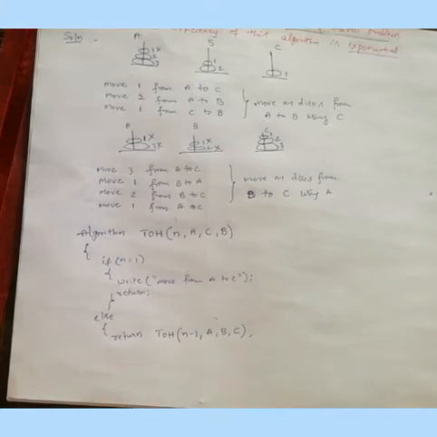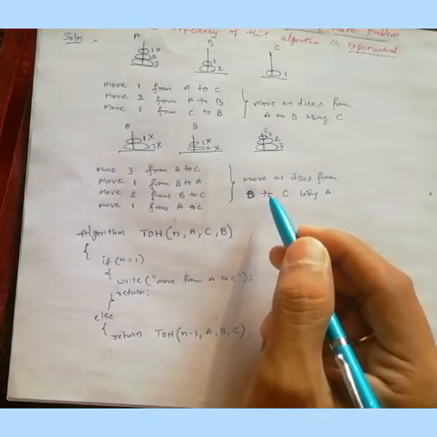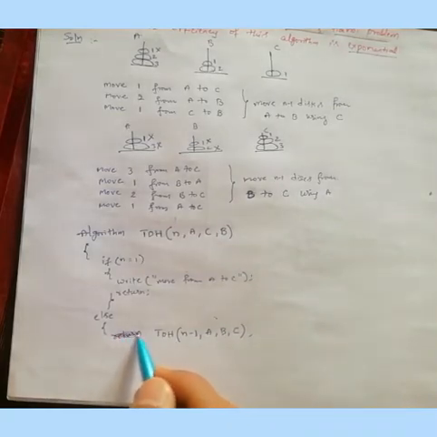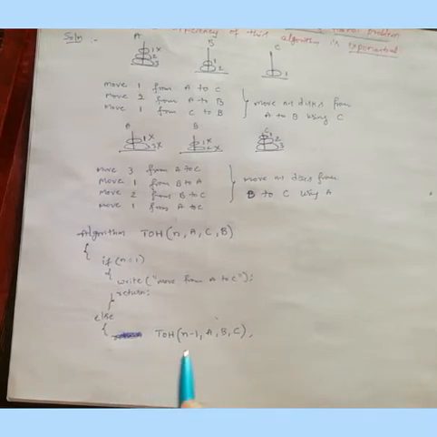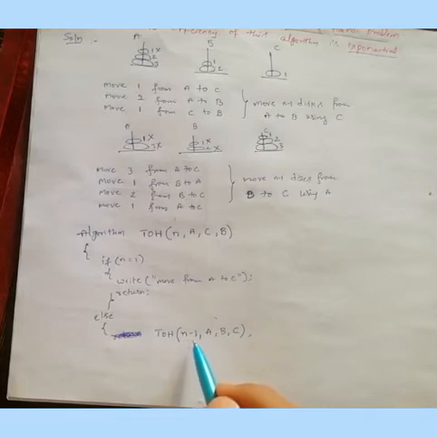Again, don't write return, call the same function, that's enough because it is recursive. So this is move top n minus 1 disks from A to B using C.